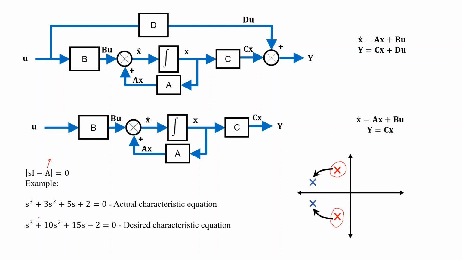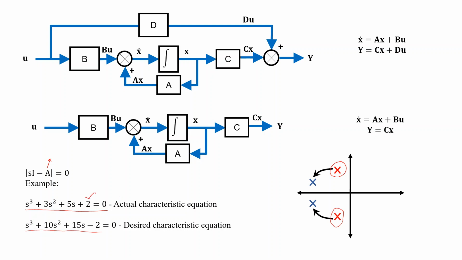So here is an example. Suppose we have a characteristic equation of a system, sI minus A is equal to 0, as this, that is s cubed plus 3s squared plus 5s plus 2. So this is the actual characteristic equation of the system, and suppose we want our system to behave according to this equation. So this is the desired characteristic equation.